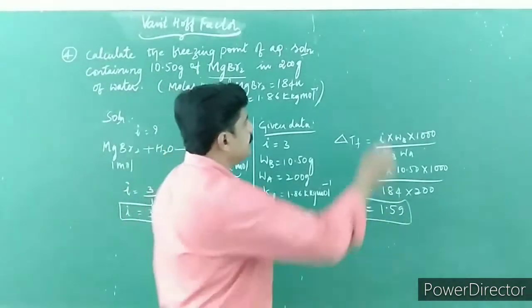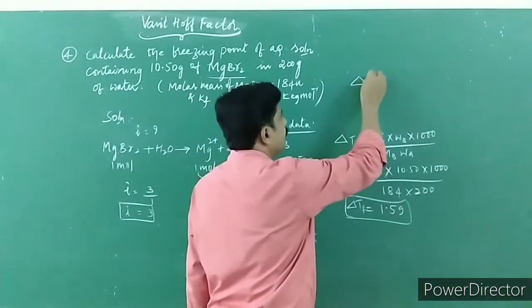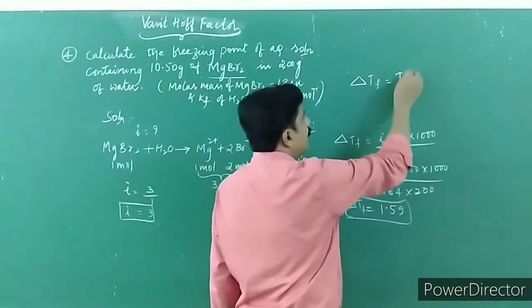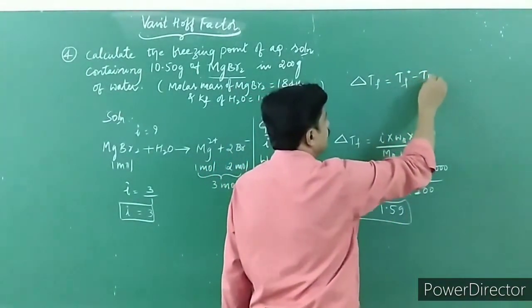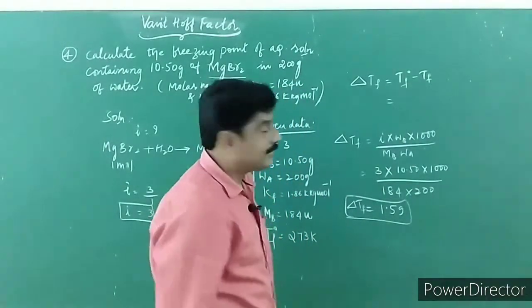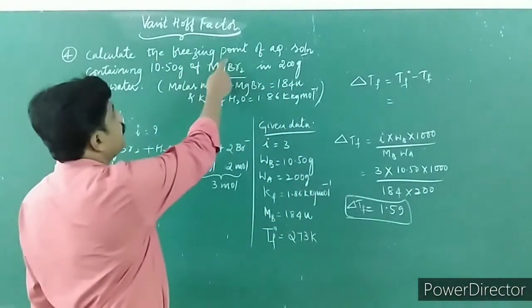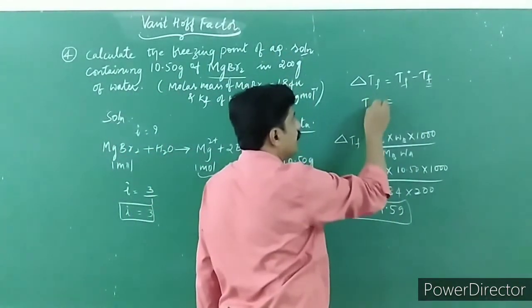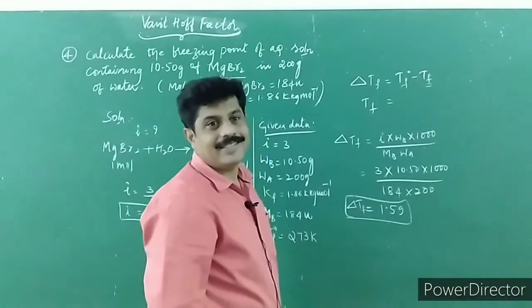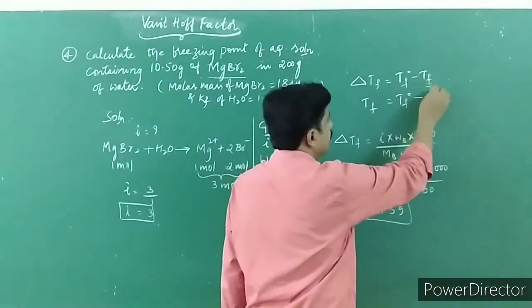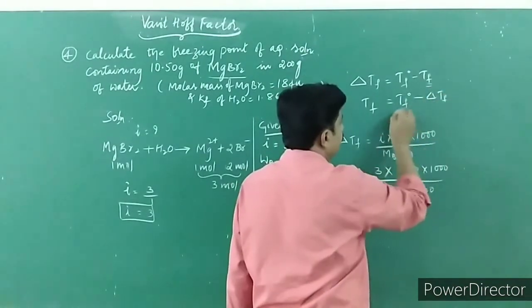Now, you know the expression delta Tf is equal to Tf naught minus Tf. Hope you are getting that. What are they asking? They are asking freezing point of solution, Tf. Now Tf is equal to Tf naught minus delta Tf.